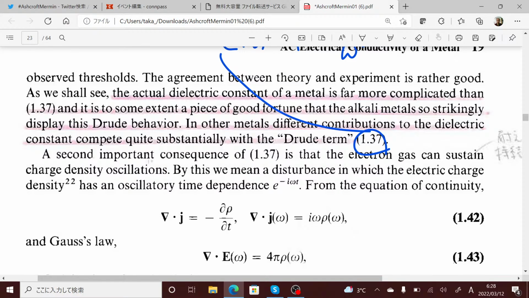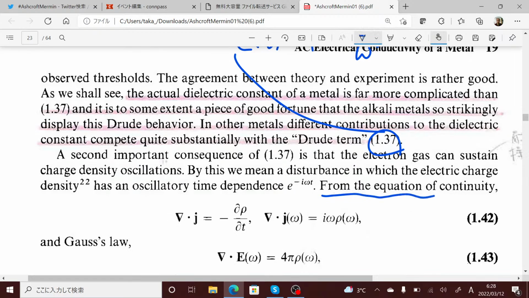By this, we mean a disturbance in which the electric charge density has an oscillatory time dependence, exponential of minus i omega t, from the equation of continuity. This is the equation of continuity.